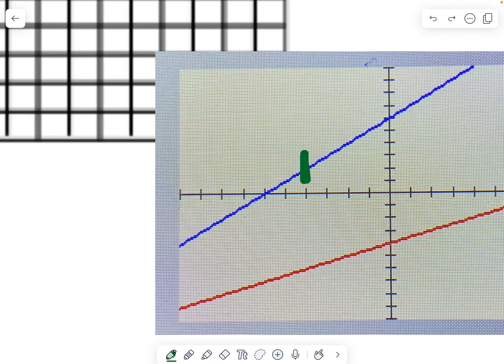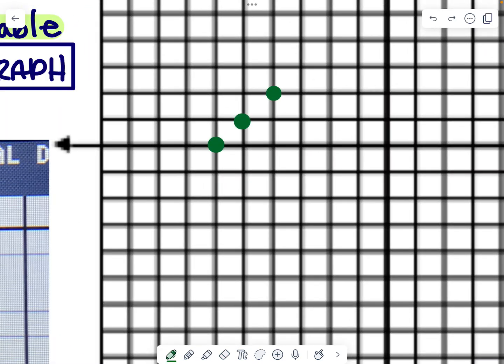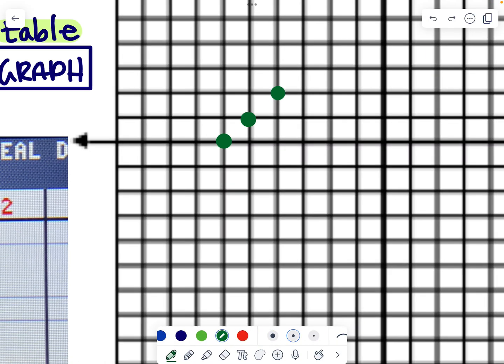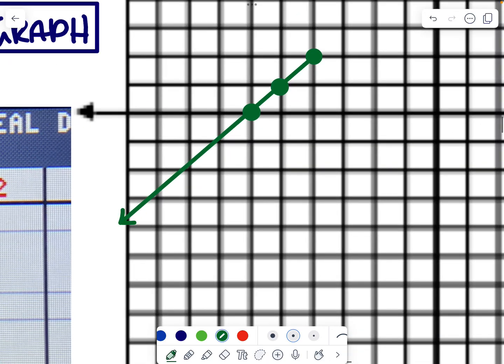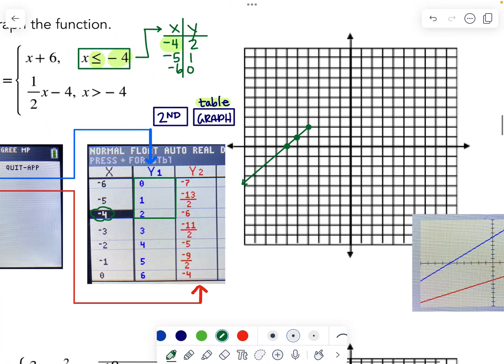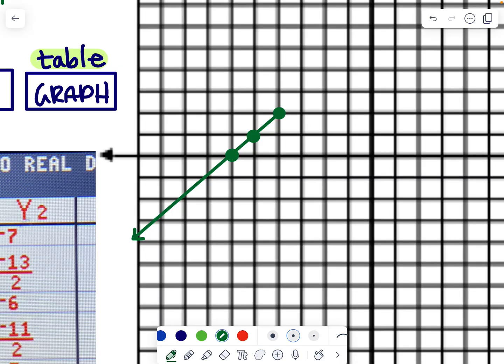So we only want to keep the left side of this line. And so when we graph this, instead of graphing the whole line and in essence erasing what we don't need, we just plot the points for what we need, we connect the dots, and we draw an arrow that direction. So that is the graph of y equals 6 plus x for the domain where x is at negative 4 or less.